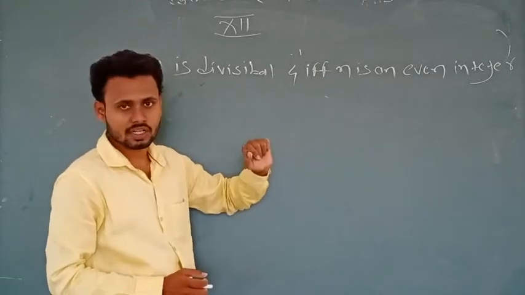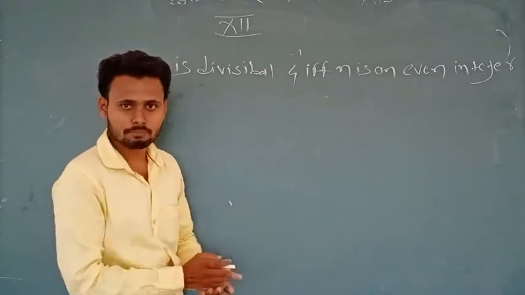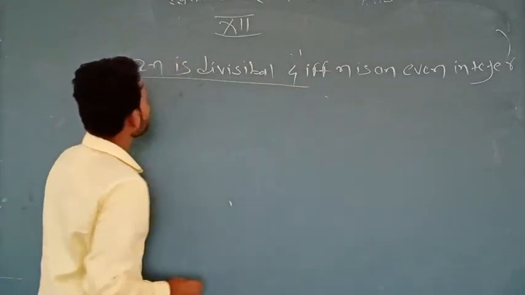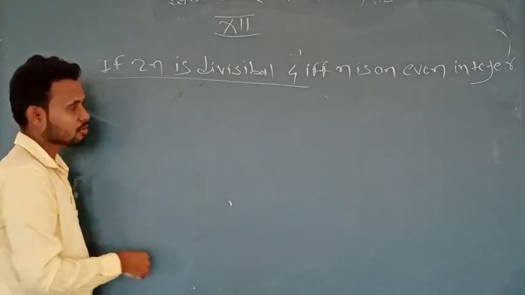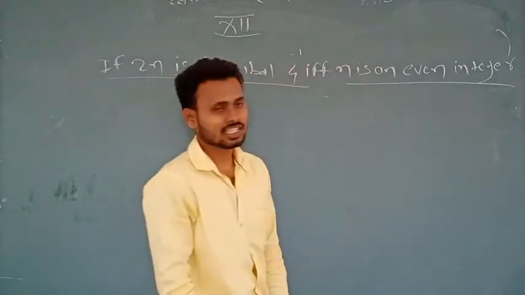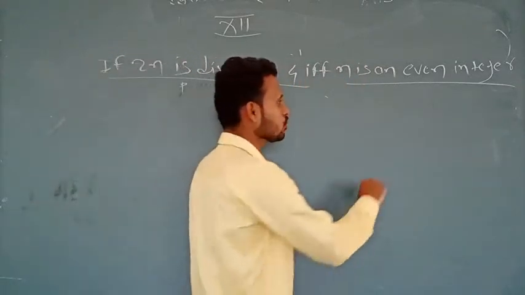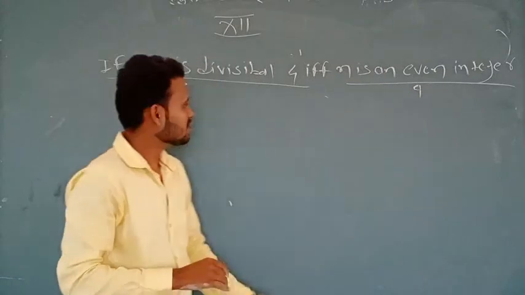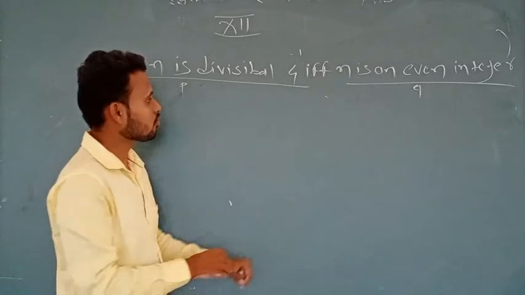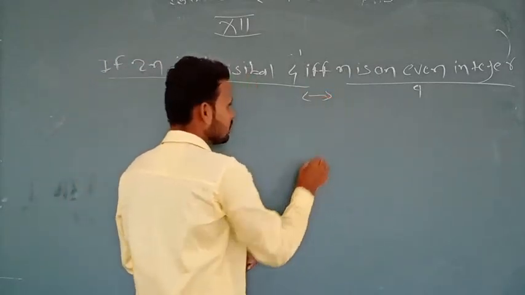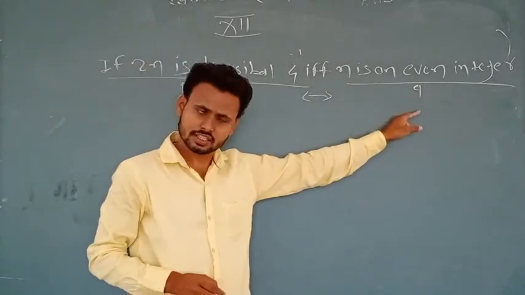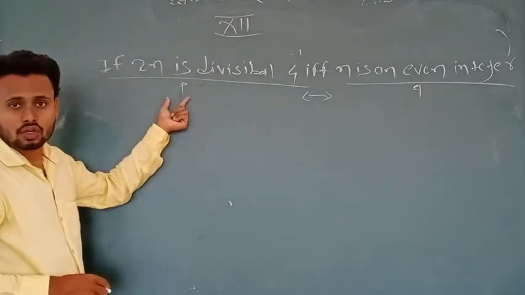Therefore, it is a biconditional statement of two simple statements, a compound statement. The first statement, if 2n is divisible by 4, we write as P, and the second, n is an even integer, we denote by Q. They are connected by if and only if, meaning double implication: P if and only if Q. We have to write the negation of that statement.